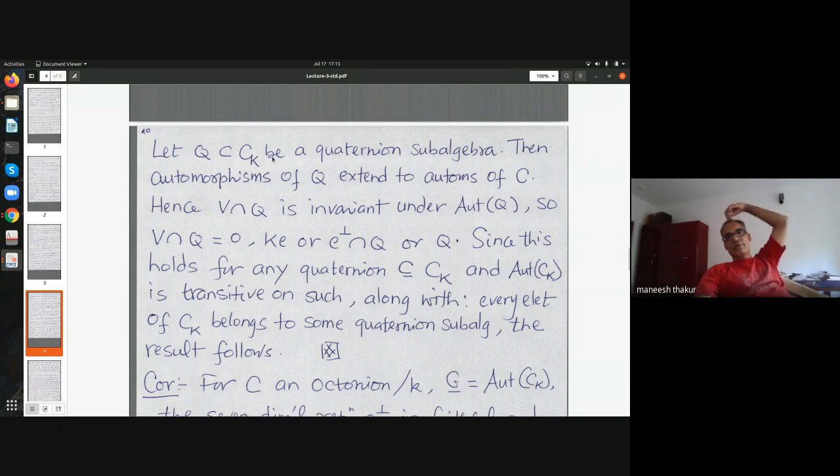That tells me that the automorphism group acts transitively on the set of quaternion subalgebras. Using that, if this is happening to one quaternion subalgebra, this will happen to all quaternion subalgebras. Similarly, if this is KE for one quaternion algebra, it will be so for all quaternion subalgebras. Similarly, these possibilities.